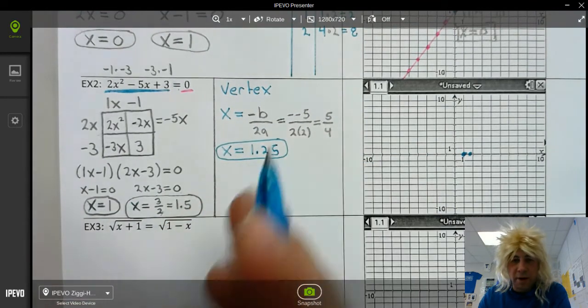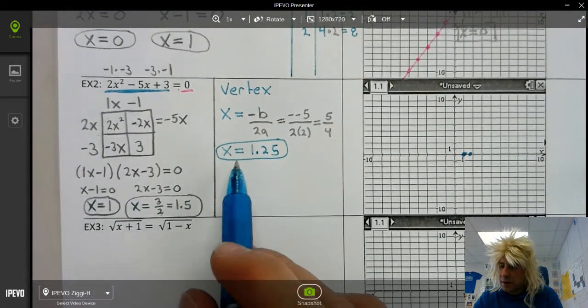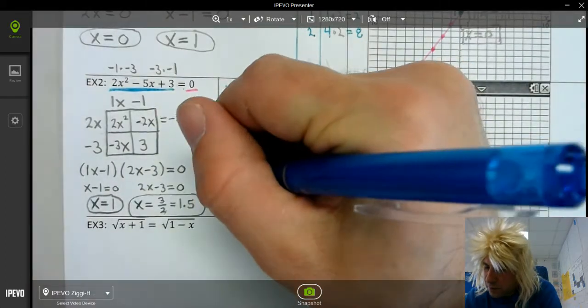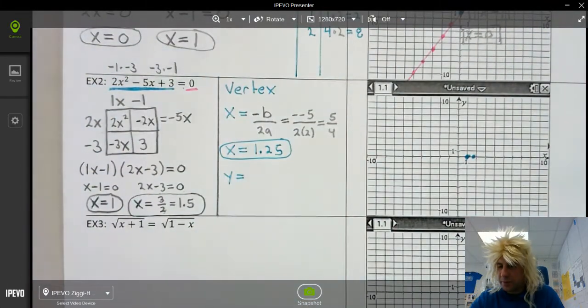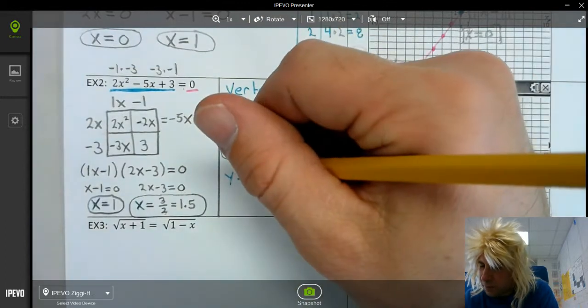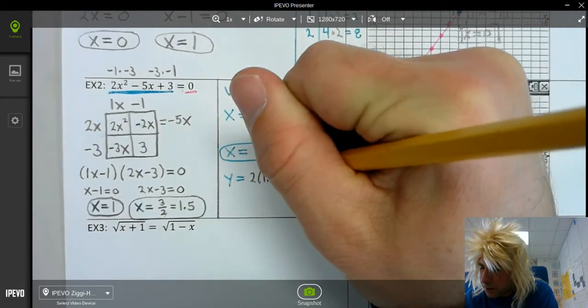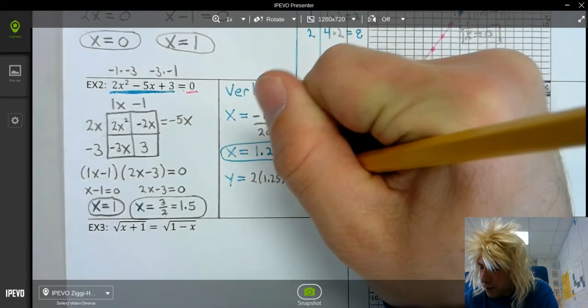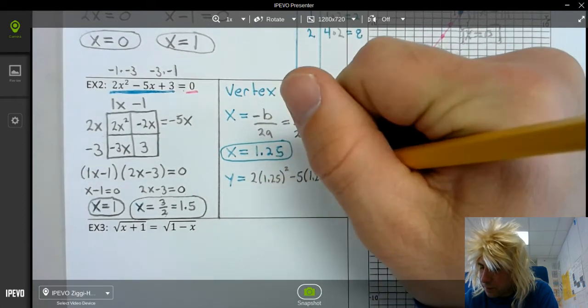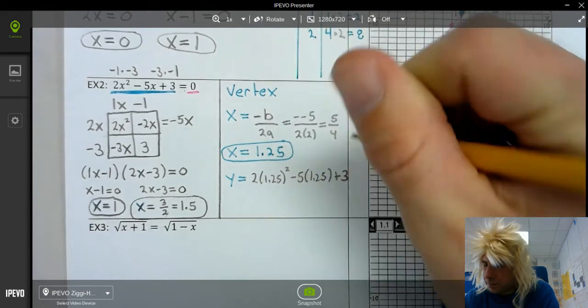Now we need the y value of the vertex, so we're going to plug in that value into y equals 2x squared minus 5x plus 3. So that's 2 times 1.25 squared minus 5 times 1.25 plus 3.